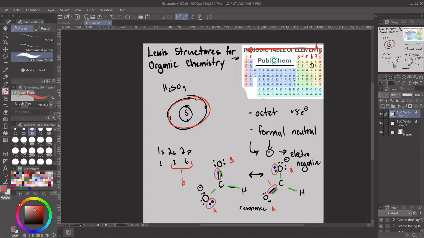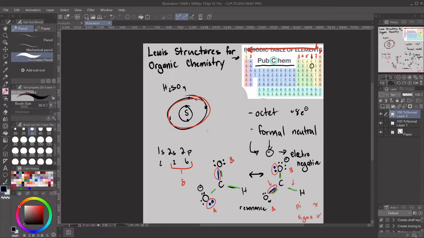What we'll call these extra bonds right here are pi bonds, and those base single bonds will be sigma bonds. You'll see these with the pi symbol and the sigma symbol. So what does this mean? Every single bond will be made up of a sigma bond, and any other extra bonds on top of that will be a pi bond.